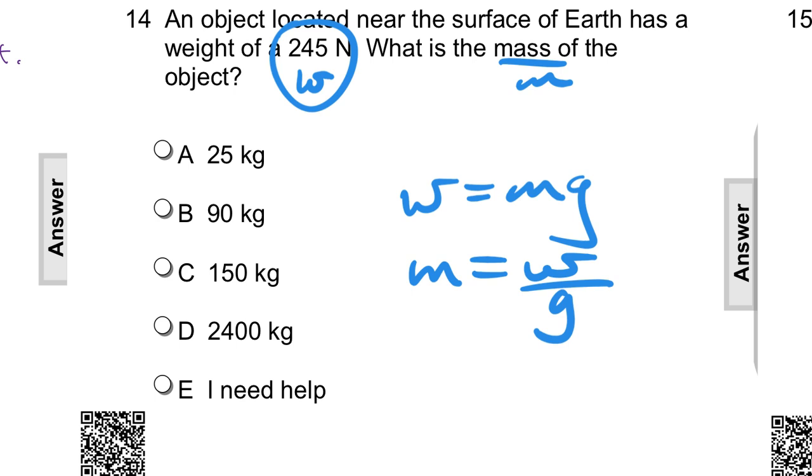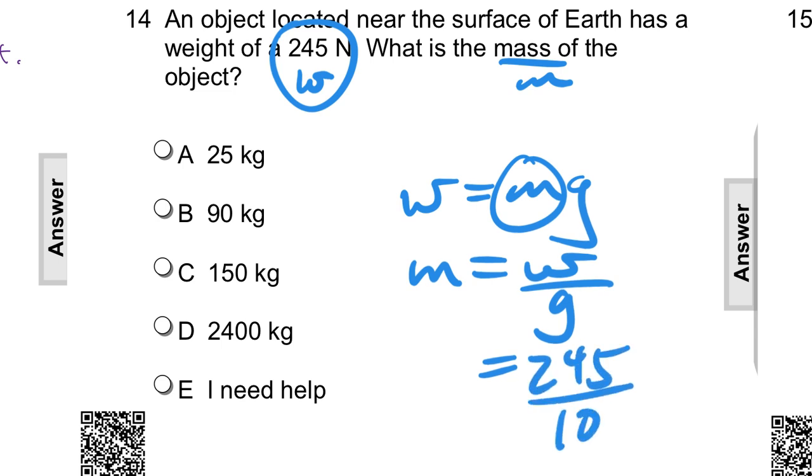So, I want to isolate m, I divide both sides by g. So m equals 245 divided by 10, which is 24.5. If you use 9.8, you'll get the mass to be 25 kilograms.